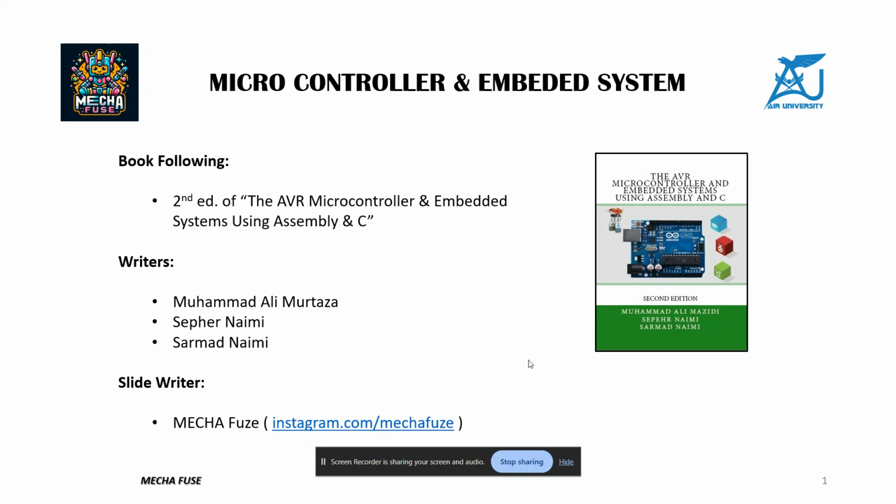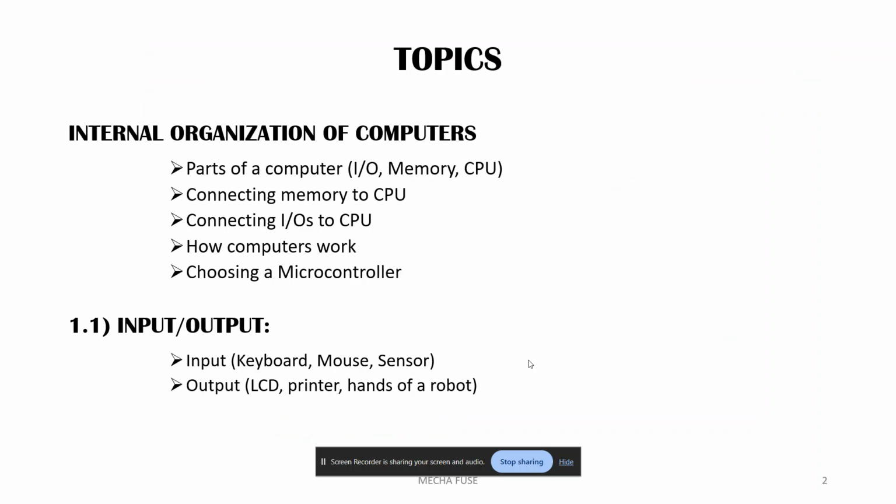So moving ahead, my society Megafuse, we have prepared slides under this society. Moving toward our lecture number one, the topics are parts of computer, which contains input output devices, memory and CPU.